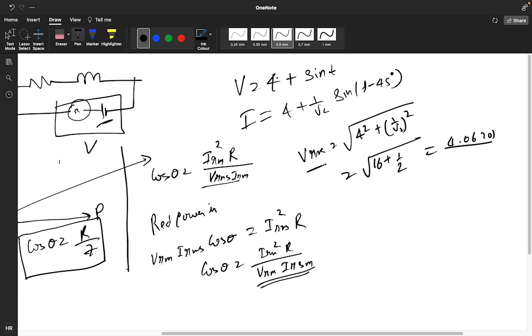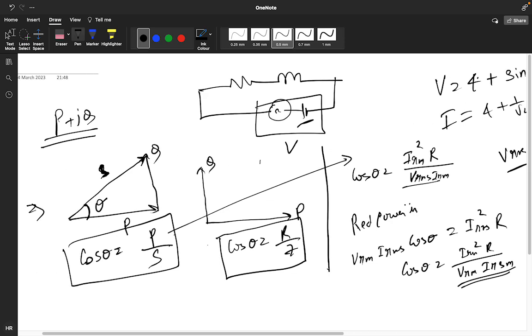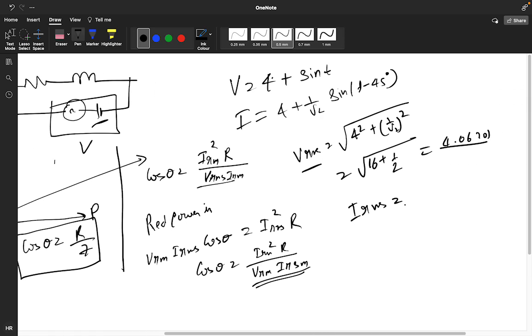This is your VRMS. And what about your IRMS? We got the IRMS value as 4.03, I think, right?